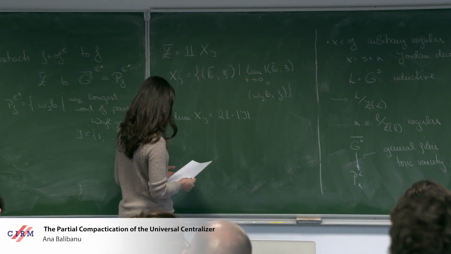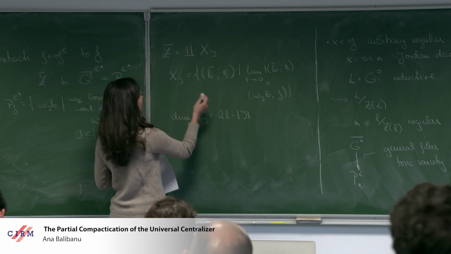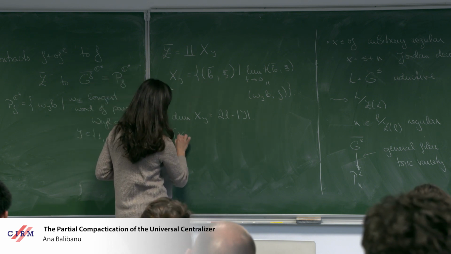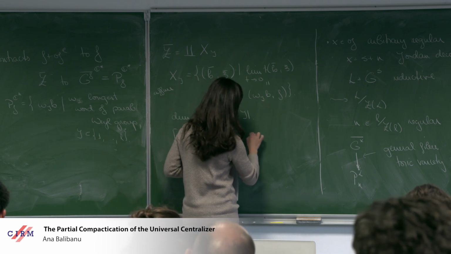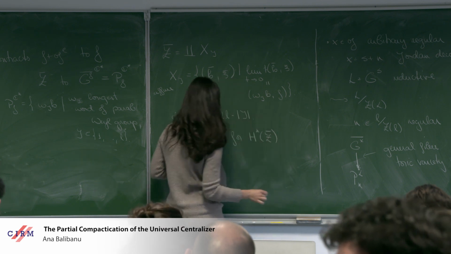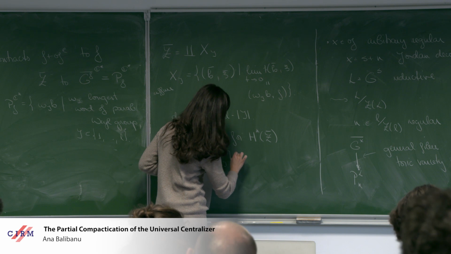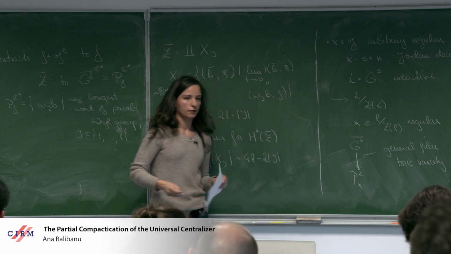So what we get is a stratification of Z bar by these affine spaces and a basis for its singular cohomology, where each X_I lives in degree 4L minus twice the rank of I.